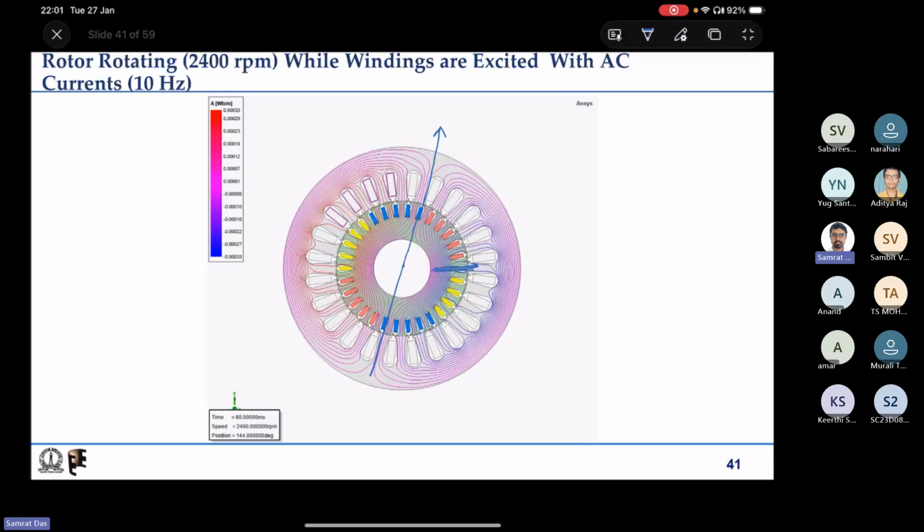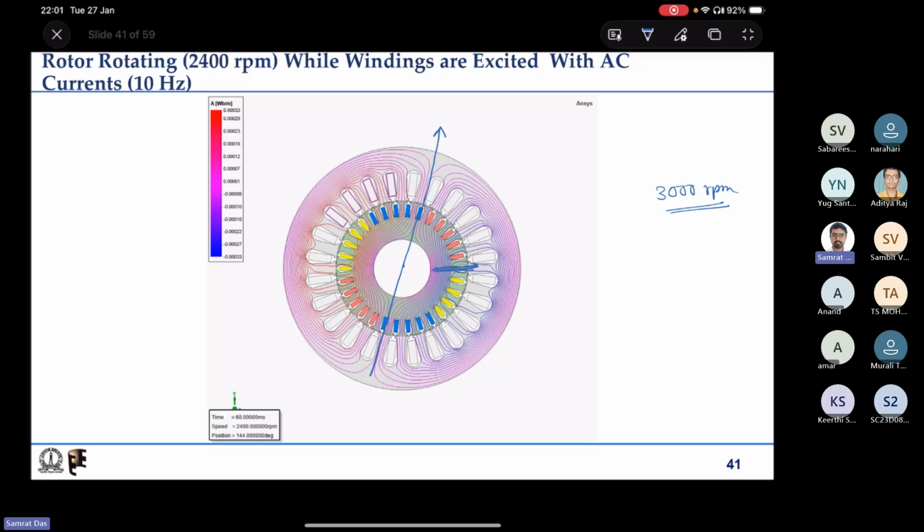For 60 millisecond it has rotated, and the magnetic field with respect to a stationary observer like us is actually rotating at 3000 rpm. That is the same as the stator magnetic field, whatever speed it is rotating.